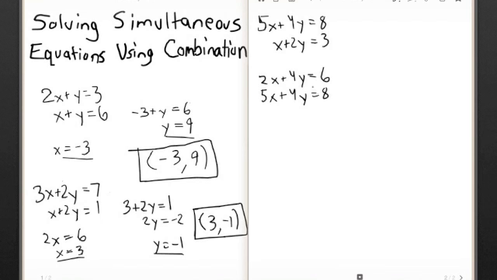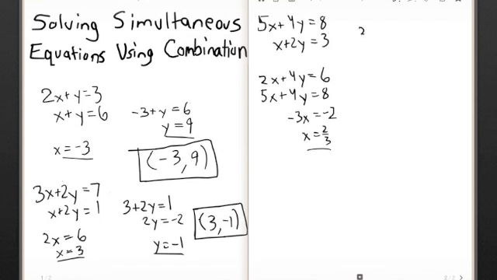And now we can easily see what to do. Subtract the bottom one from the top one, and we'll get negative 3x equals negative 2. So x is 2/3. We'll substitute that back in. We can pick any of these equations with both x and y. Let's pick this one. It looks the simplest.